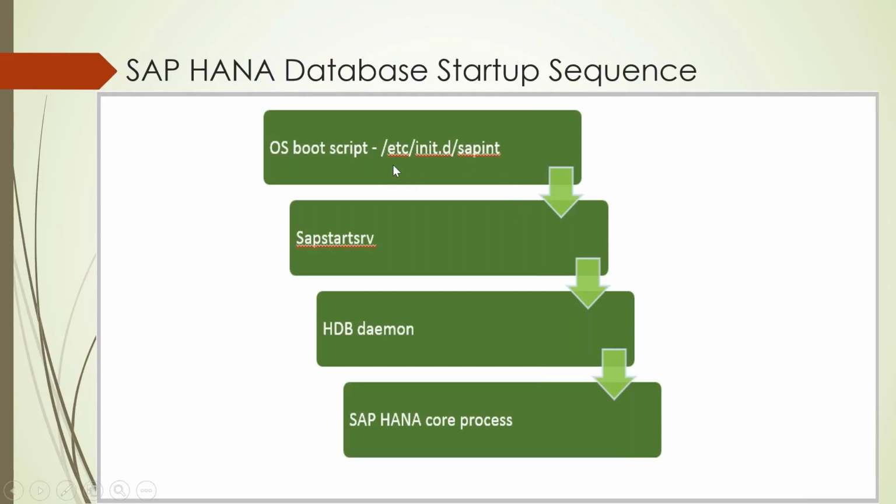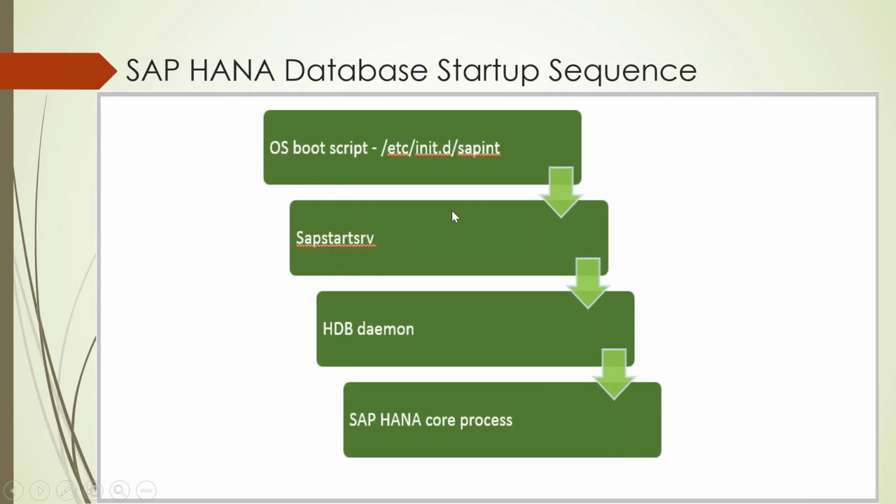It is there in /etc/init.d, and in that sapinit the installer creates an entry for sapstartsrv. So whenever you restart or start the operating system, this sapstartsrv is started automatically. We don't start these services; they start automatically with OS boot or OS reboot.